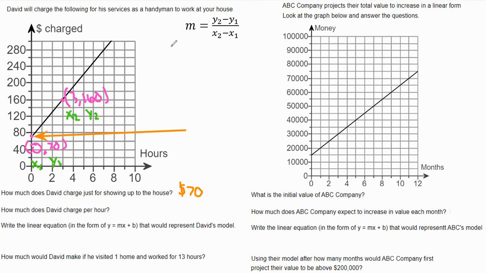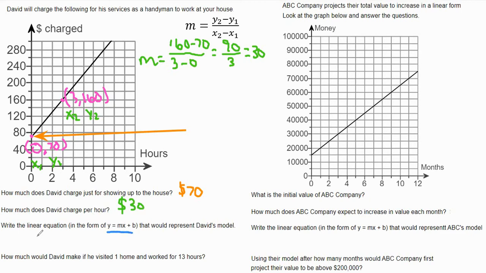So m equals my second y, which is 160, minus my first y, which is 70, over my second x, which is 3, minus my first x, which is 0. 160 minus 70 is 90. 3 minus 0 is 3. And 90 divided by 3 is 30. This makes sense in the context of the question, that David will charge $30 per hour. So I have the slope, which is 30.